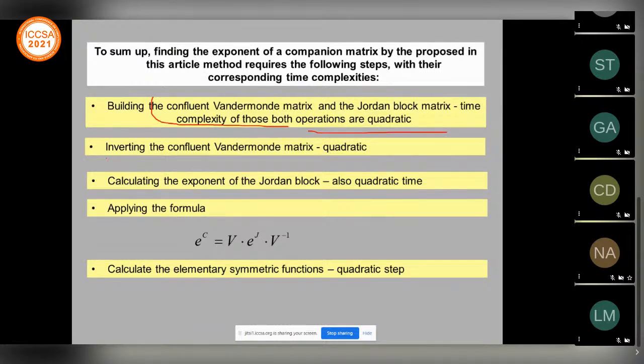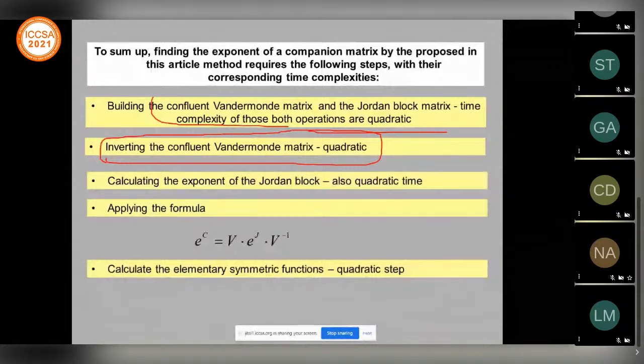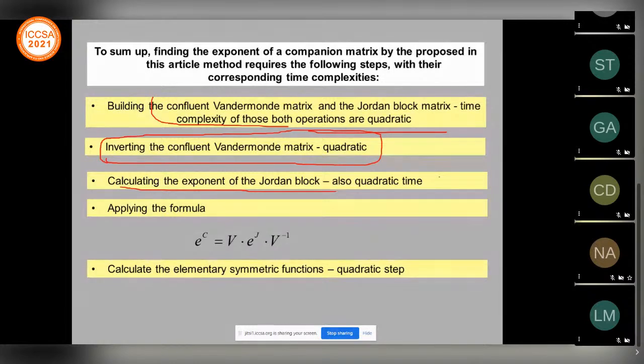Next, we must invert the confluent van der Monde matrix. It's also quadratic, due to my algorithm from another article. Next, we should calculate the exponent of the Jordan block in quadratic time.